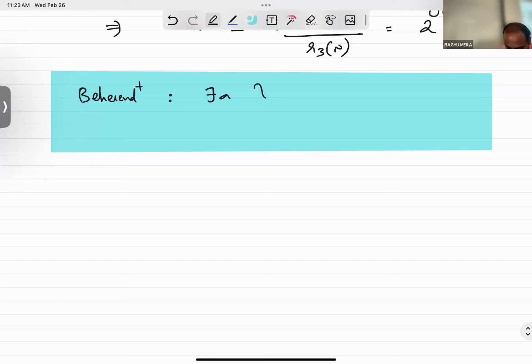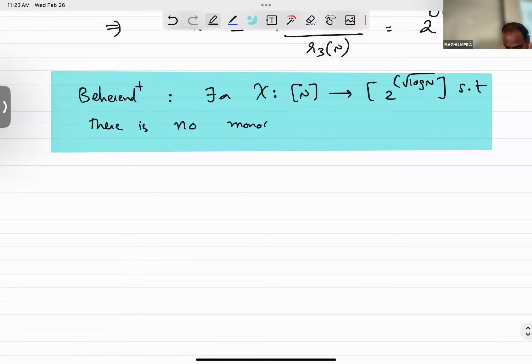There exists a coloring chi from [n] to 2 to the some other constant times root log n colors, such that there is no monochromatic 3AP. So this is the abstract item that we would need for building the protocol.